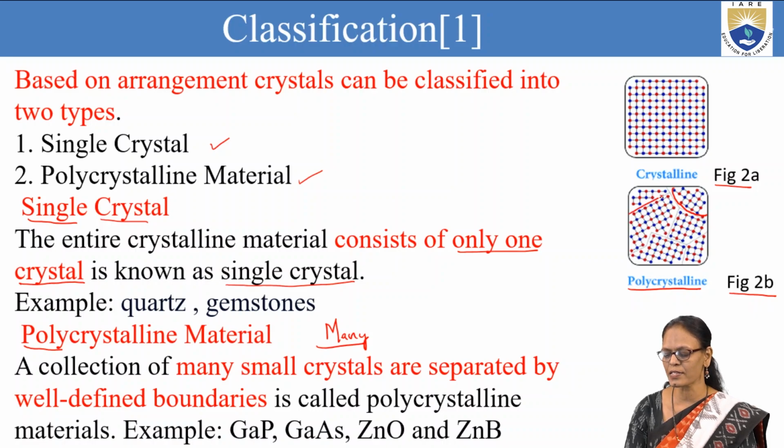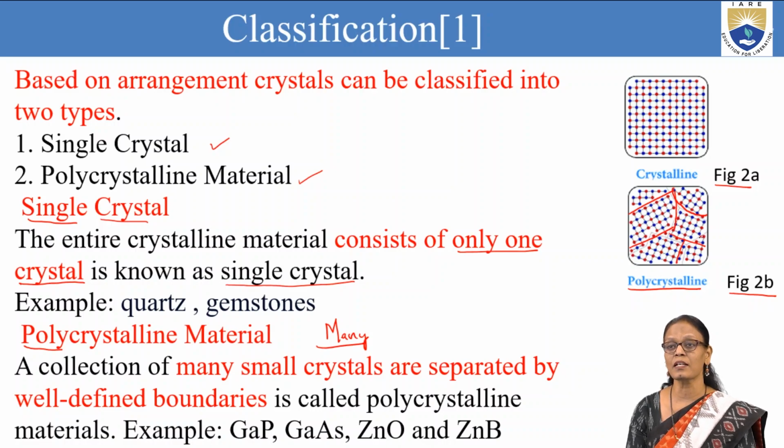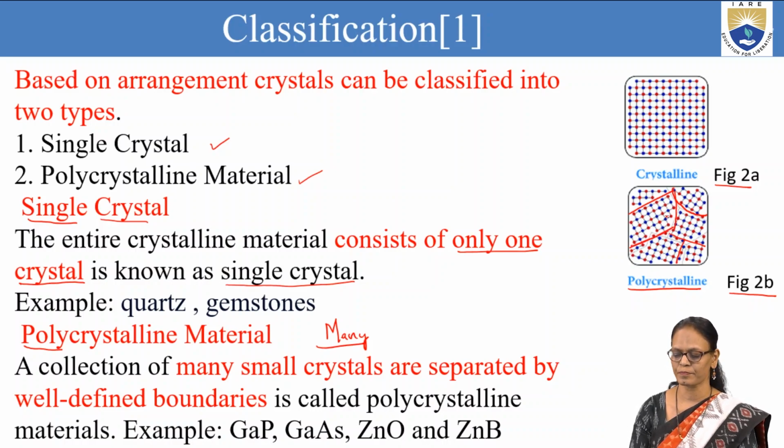Here is one more crystal, and this is one more. Like that, we have many crystals arranged, and these are the boundaries. So we call this polycrystalline. The basic difference is, in a single crystal there is only one crystal with a regular periodic arrangement of atoms, and in polycrystalline, there are many crystals which are separated by fine boundaries.